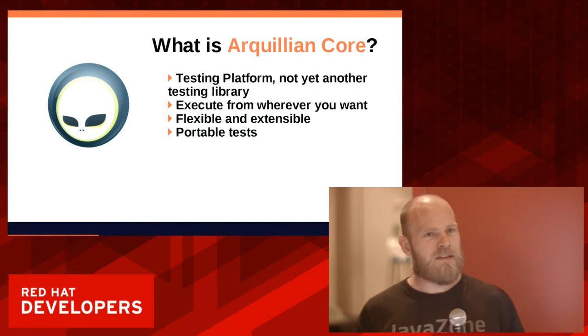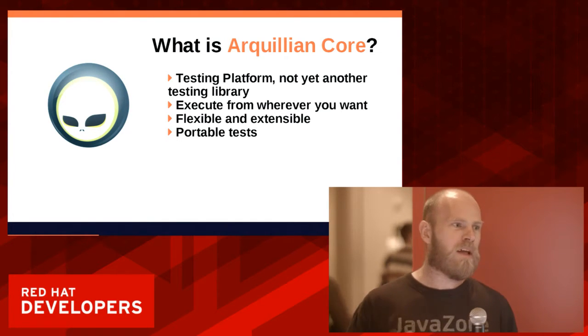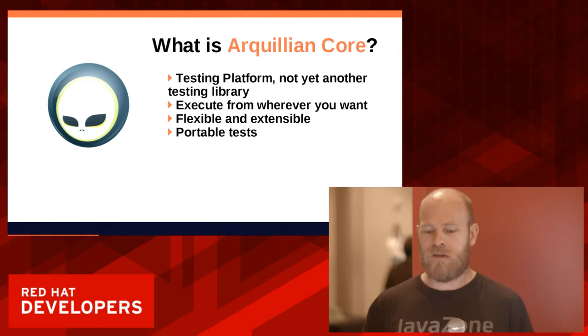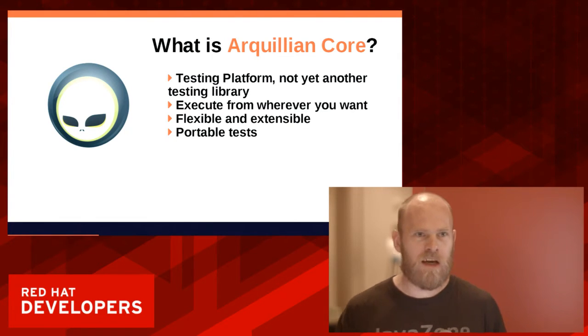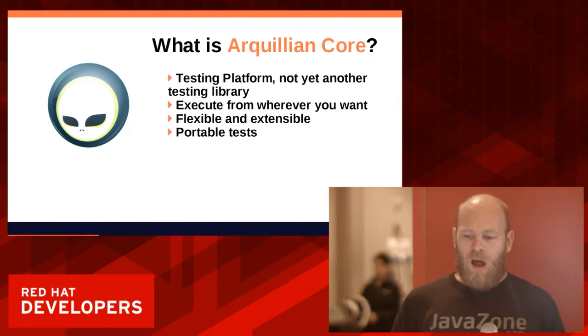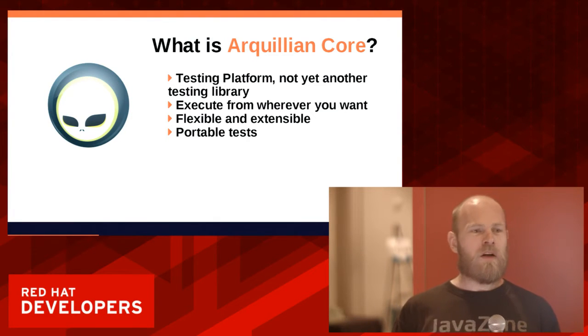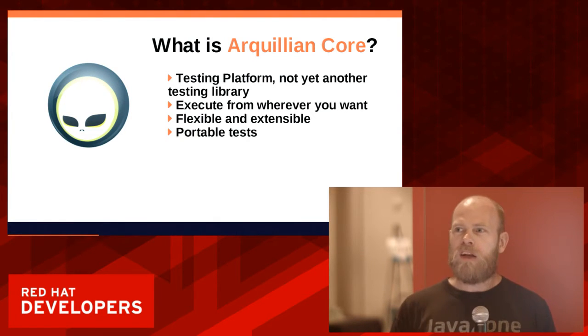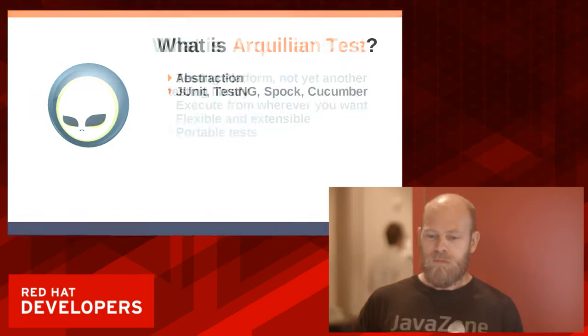Arquillian is built to be flexible and extensible, so you can add on different extensions and get new test-based features. And we make our tests portable, so we're not binding you to specific environments.